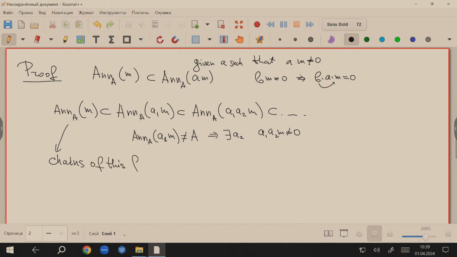Notice that such chains have maximal elements, since we assume that A is Noetherian and these are ideals in A. By the Noetherian property, this chain stabilizes.